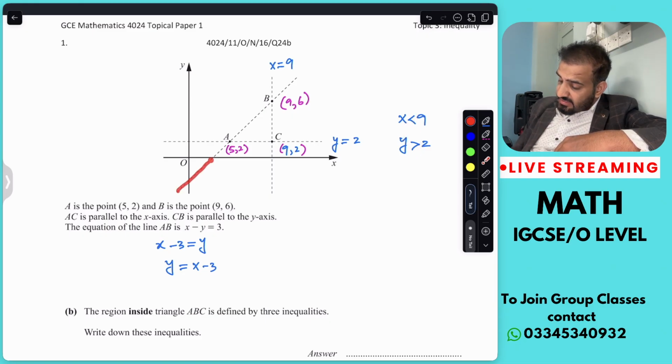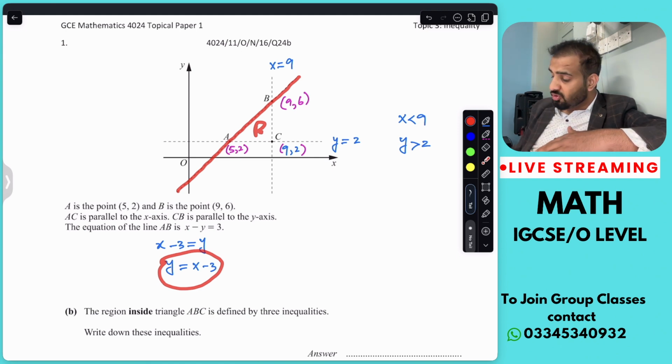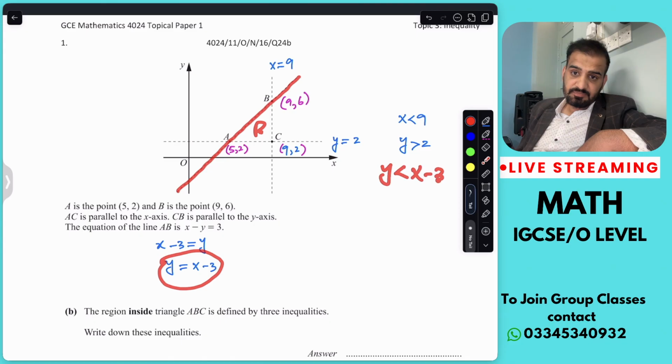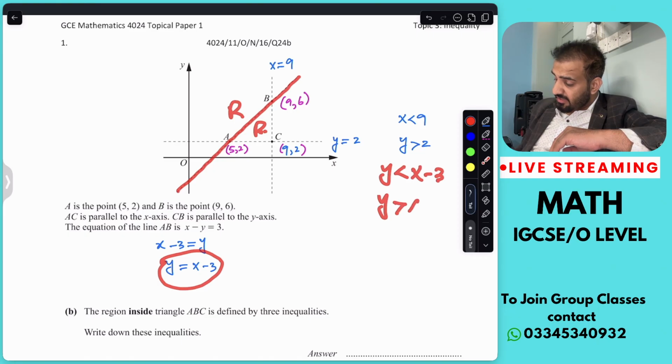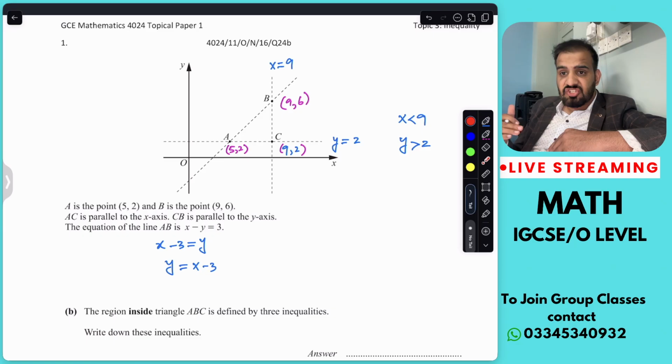Now this is the line y equals x minus 3 and the region R is below that line. So if the region R is below the line, you will write y less than x minus 3. That's the answer. If the region is above the line, we will write y greater than x minus 3. But in this case, our region is below the line.